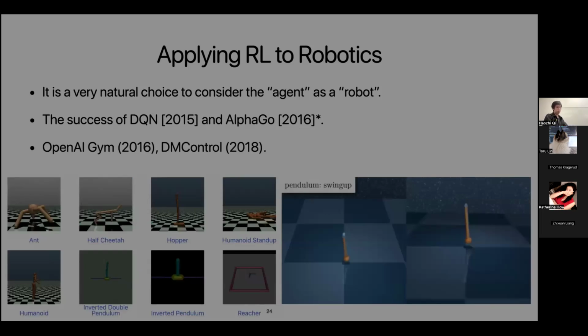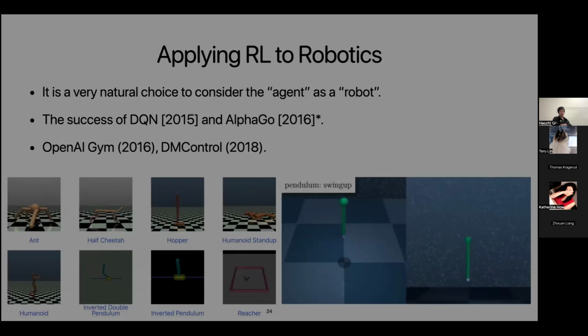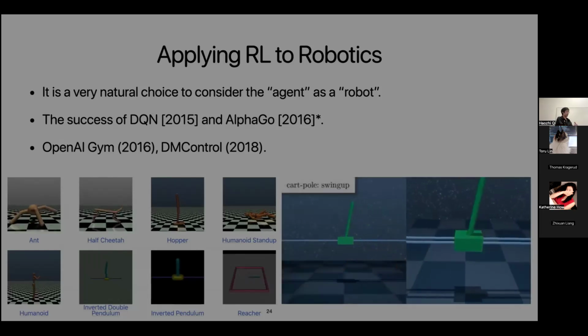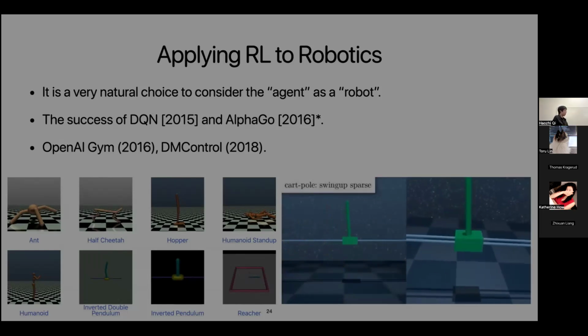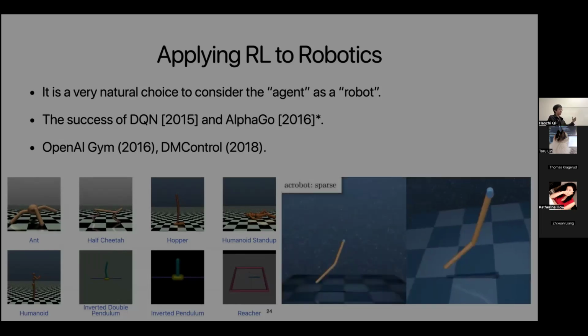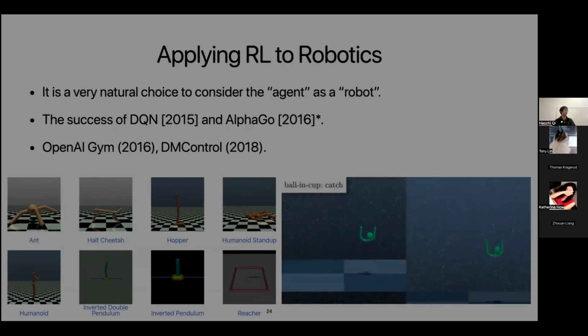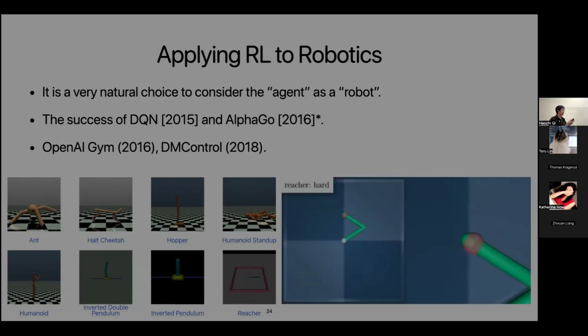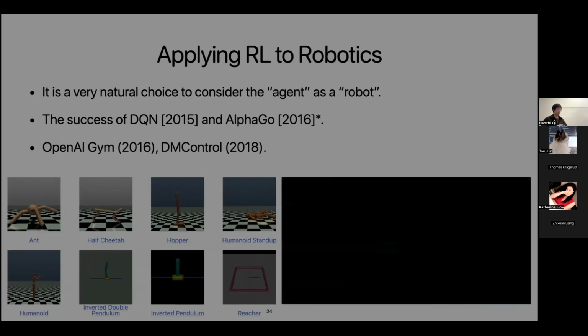There were also contributions from the simulator side, including OpenAI Gym and DM Control. They define a set of different continuous control tasks in the context of robotics. And the greatest contribution here is that they define a very good interface, so you can focus on developing your RL algorithms instead of also dealing with the bottom-level simulators.